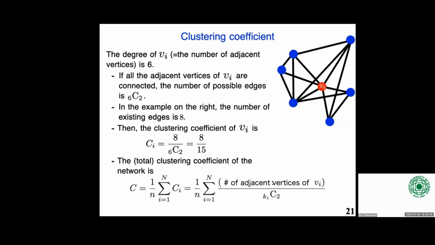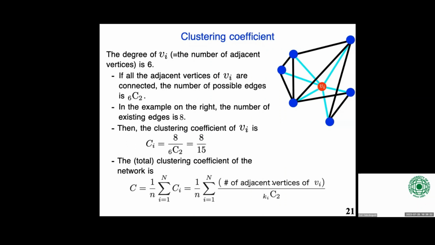First, to form a triangle centered on Vi, we count the number of adjacent vertices of Vi, because these edges from vertex Vi are necessary to form a triangular structure centered on vertex Vi. In the case of the graph on the right, the number of adjacent vertices is 6, which means that at most 15 triangles can be formed.